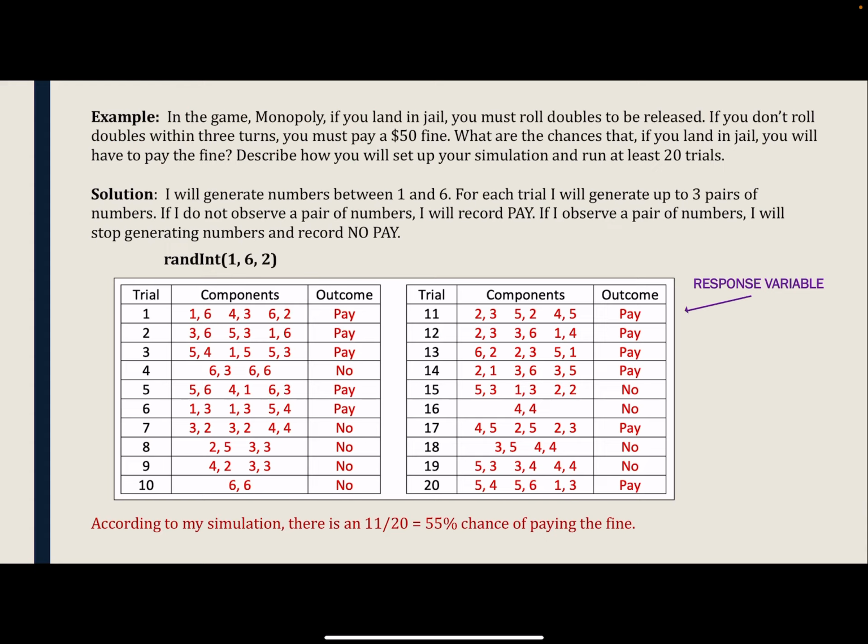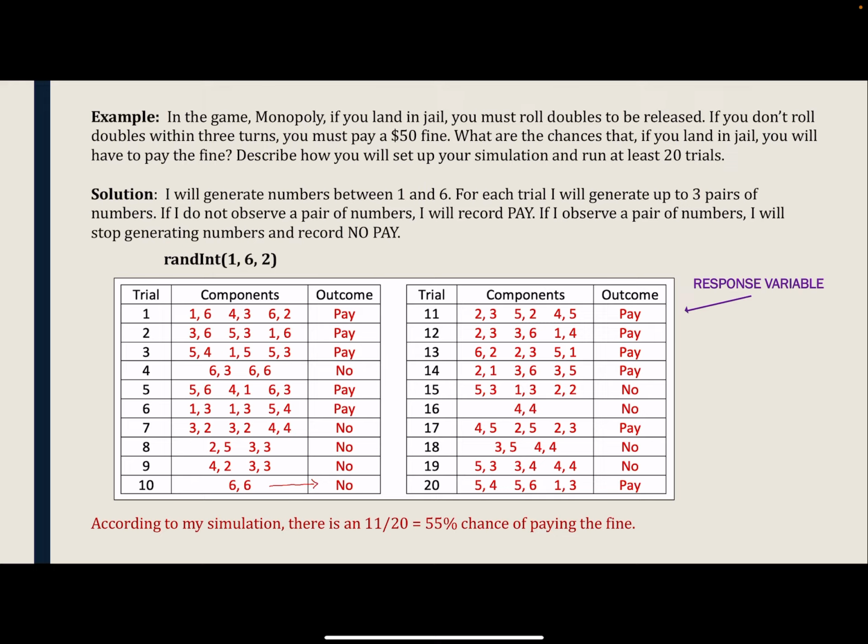And if I don't observe any pair with the same number, then I'm going to record that I have to pay the fine. But if I generate 2 numbers and they're the same, like in trial number 10 here, I'm not going to keep generating any numbers. I rolled a pair right away, which means that I don't have to pay the fine.